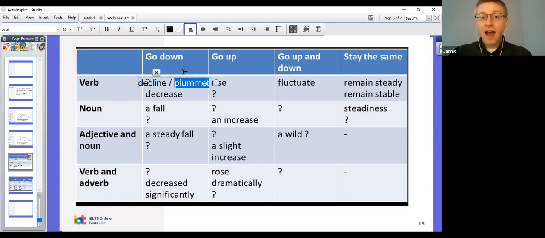And we have an incline or a climb. Any other verbs for go up? We have rise. Increase.